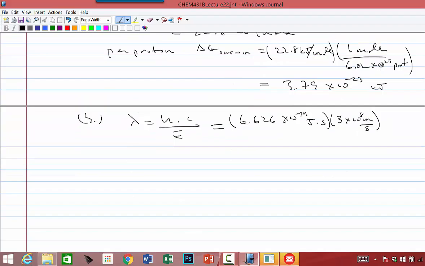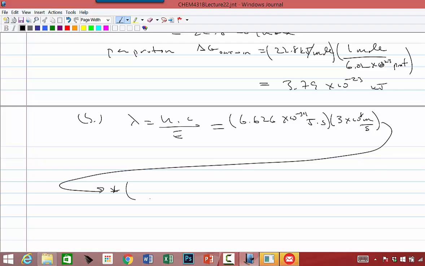I'm running out of room here. That gets multiplied by 1 divided by 3.79 times 10 to the minus 23rd kilojoules.